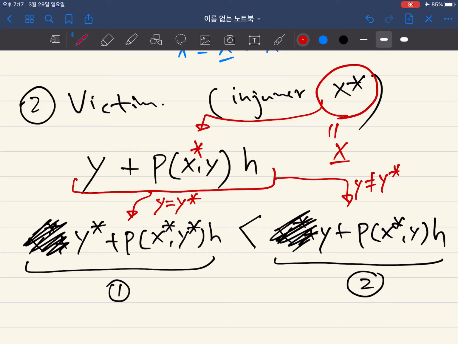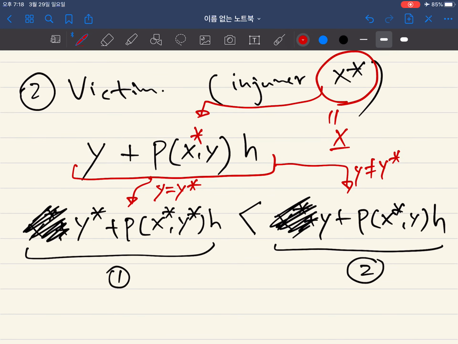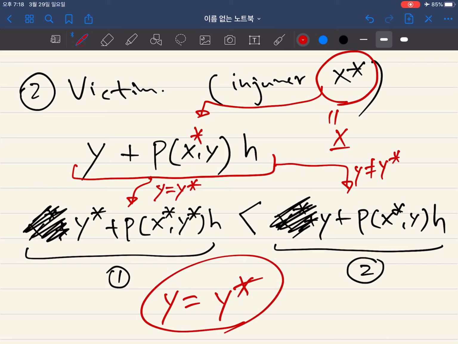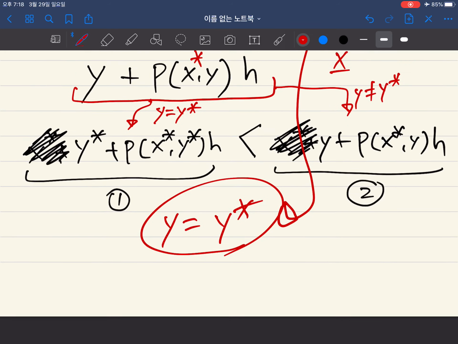So this inequality says if you want to minimize this function, Y must be equal to Y star. Therefore, victim wants to minimize his cost, so victim is gonna choose exactly Y star as long as injurer is choosing X star. So we are done with the second half.